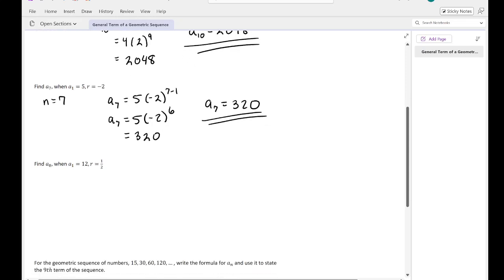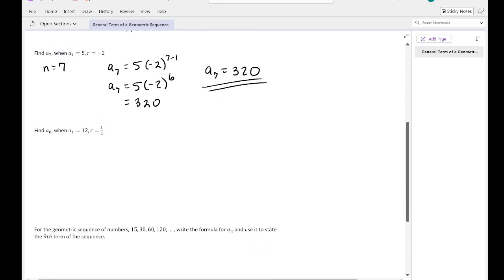Not too bad. Even if we get a fraction, we're not worried about it. Find a sub 8, the 8th term, when a sub 1 is 12 and r is a half. So again, n is 8. So a sub 8 is 12 times a half raised to the 8 minus 1, which is 12 times a half to the 7th.